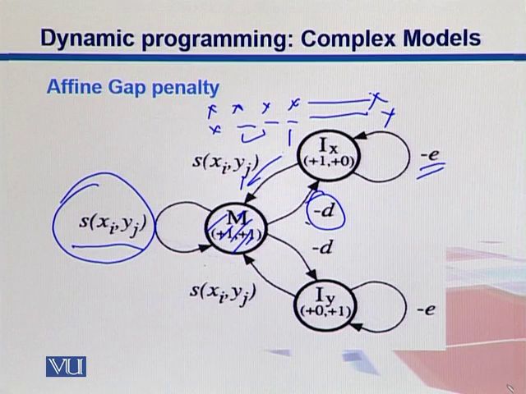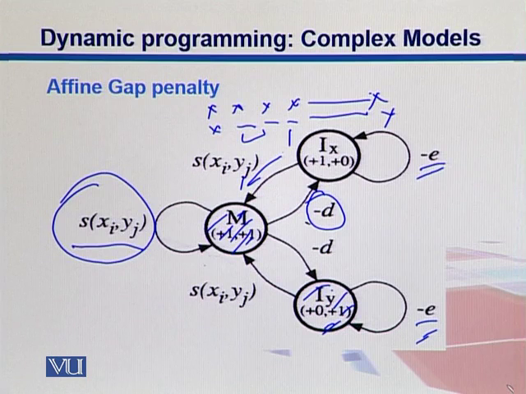In the same way, we can have another situation where we have insertion on y, where elements are present on the second strand. That is the Iy state. Here again minus d, and if it keeps staying over here, there will be the extension penalty like this, and it can go back to this situation. In this way we can model our system with the help of this diagram and recognize three important states in our system.